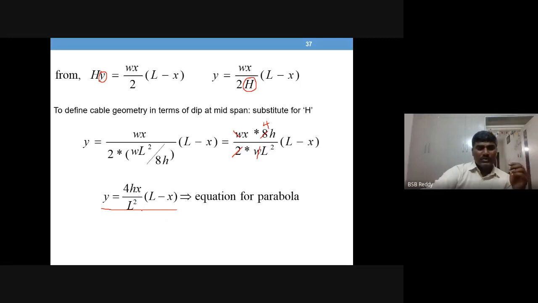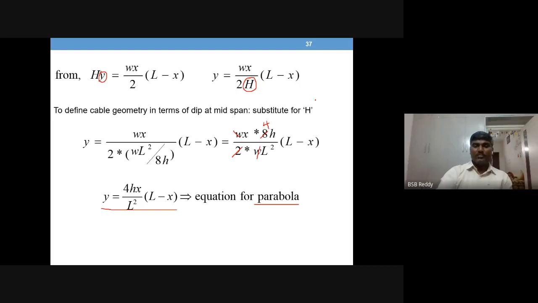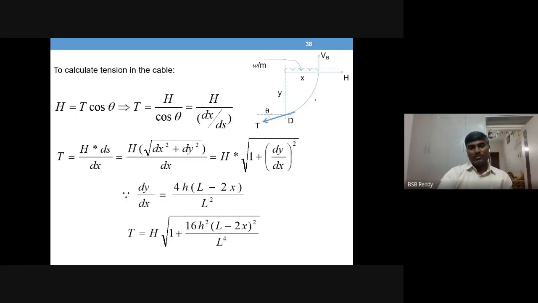So 4hx by L square into L minus x is the equation for parabola. Okay. So what does this mean? That the deflected shape of a cable when UDL is acting, it will be parabolic. The shape of the cable, deflected shape of the cable is parabolic.